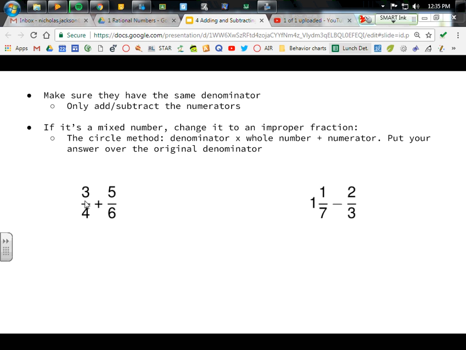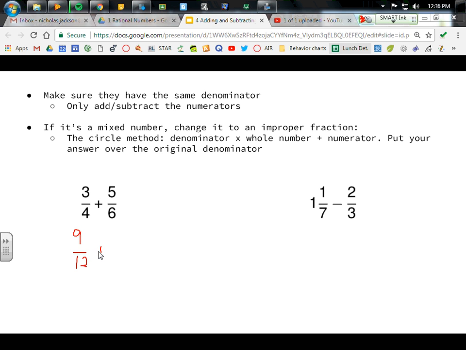We multiply this entire fraction of 3/4 by 3/3 because 3 times 4 gives you 12. So we get 9/12. 9/12 is equivalent, meaning that it is equal to 3/4. They mean the same amount.